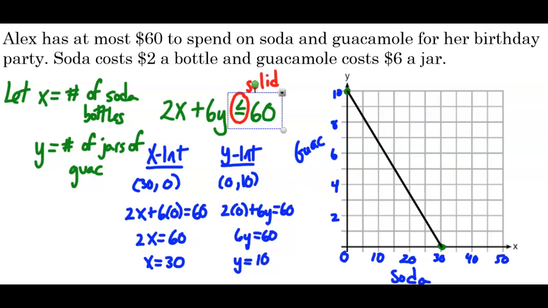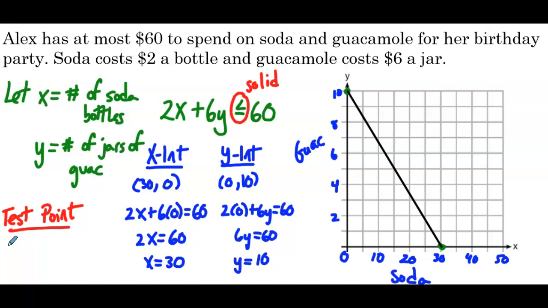And now we need to figure out where to shade for our solution set. Now again, we can do a little bit of reasoning here. If she has at most $60 to spend, any combination of soda and guacamole below the line should be less than $60. But again, let's say we're not sure, then use that test point of the origin again, because the origin is not on the line.